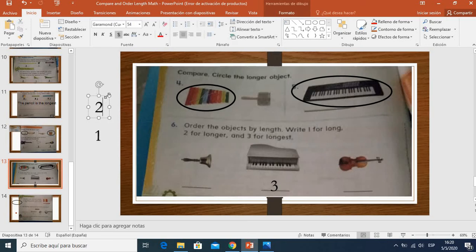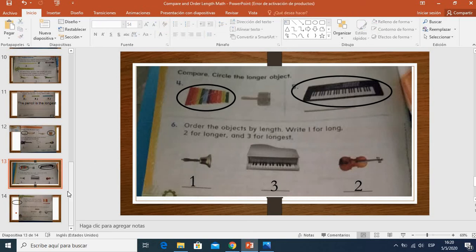The violin, very good. So you need to write the number 2. Nice. And finally, the number 1 for the bell, which is long, but it's not as long as the violin or the piano. Nice. Very good, guys.